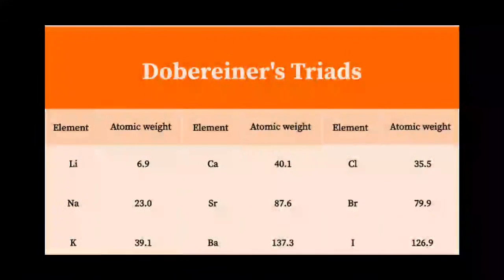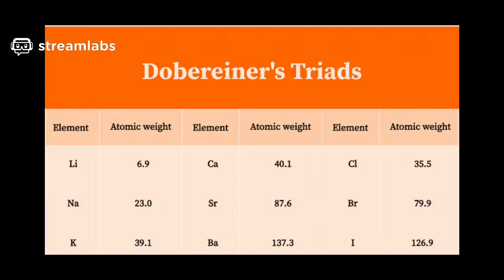And these are some of the examples which show the triad rule. What is the triad rule? The atomic mass of the middle element was roughly the average of the atomic masses of the other two elements.